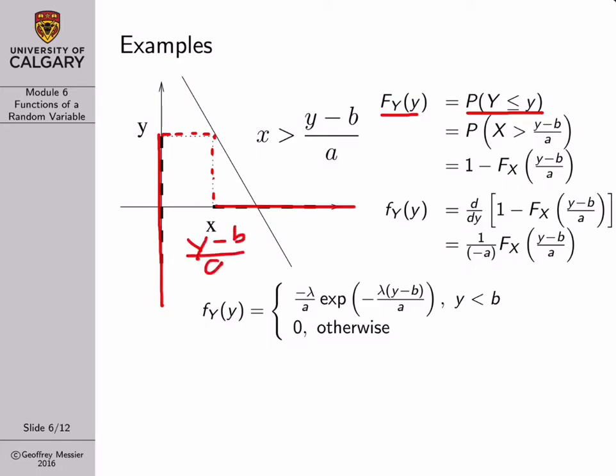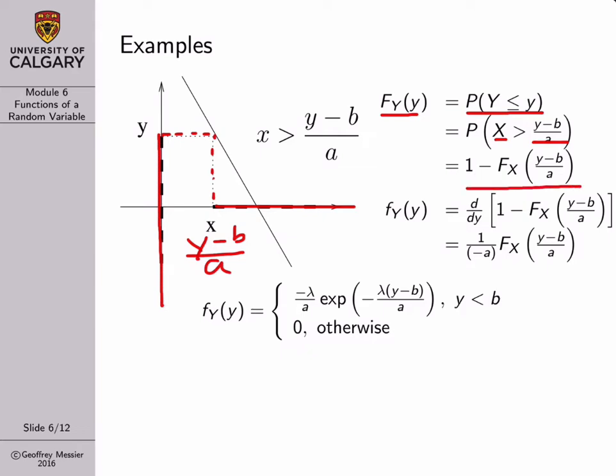So the region we're interested in starts at the same point, but now it goes off to the right rather than going off to the left. And so the probability that the random variable y is less than or equal to lowercase y is actually the probability that the random variable x is greater than y minus b over a, which we can still express in terms of the CDF of x, but it's 1 minus F of x with y minus b over a as its argument.